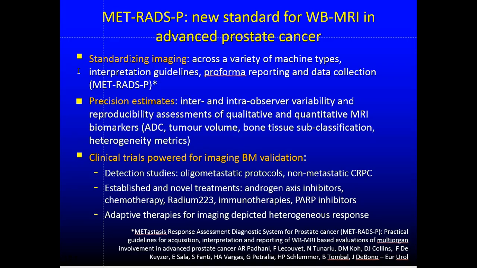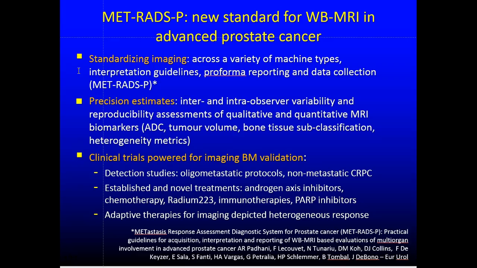It's a standard that advises on how to standardize imaging on a variety of machine platforms, interpretation guidelines, reporting, and data collection. Watch out for these new guidelines when they are published later on this year, because they have the opportunity to change how we do clinical trials and clinical practice.